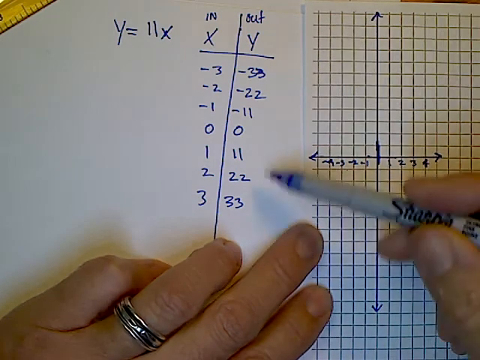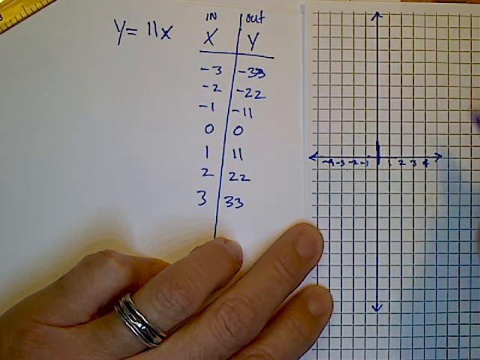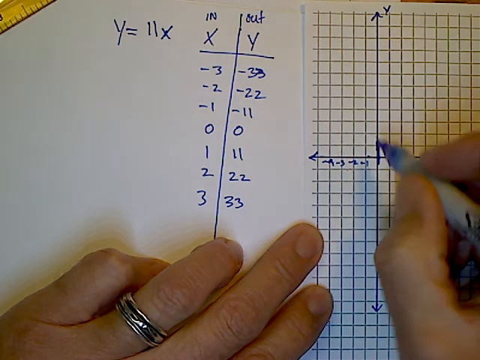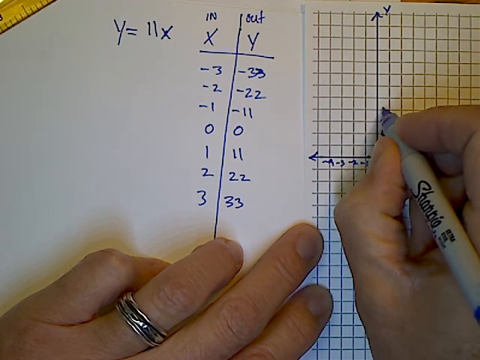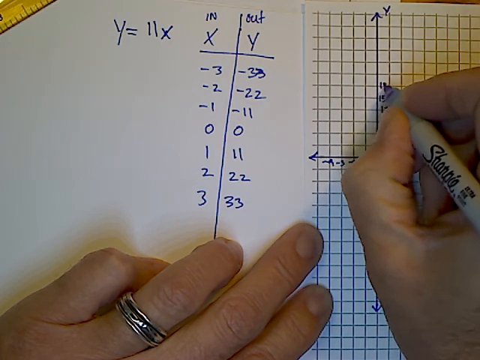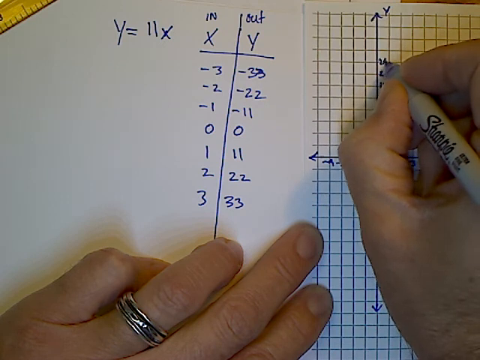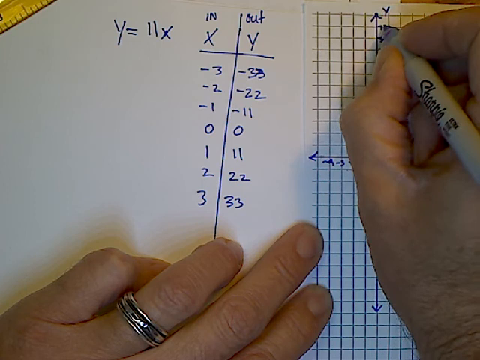Now I'm going to scale my y-axis by 3. So this would be 3, 6, 9, 12, 15, 18, 21, 24, 27, 30, and then there's 33.